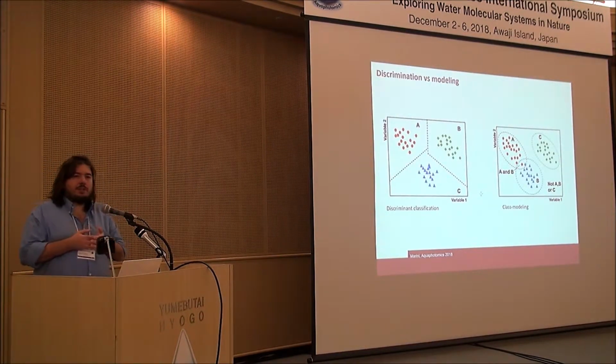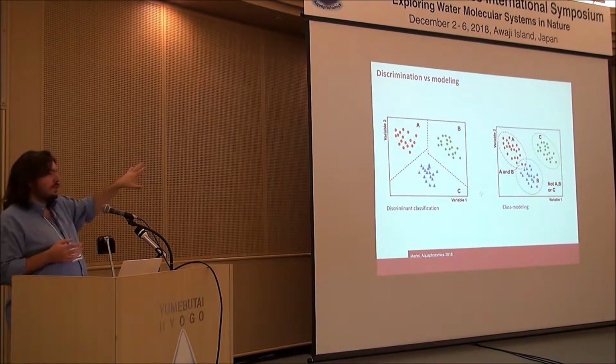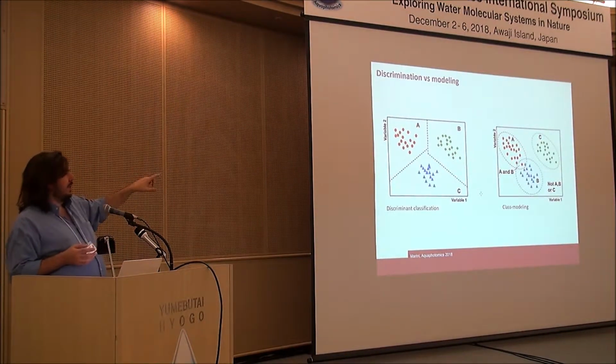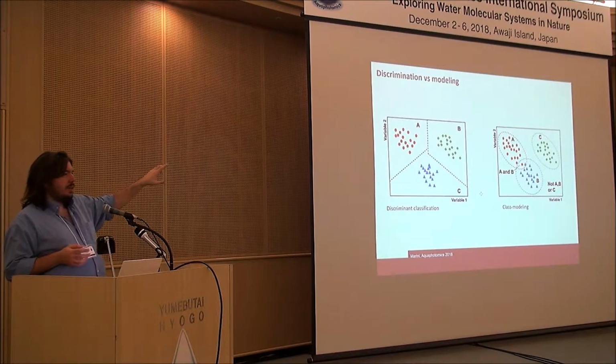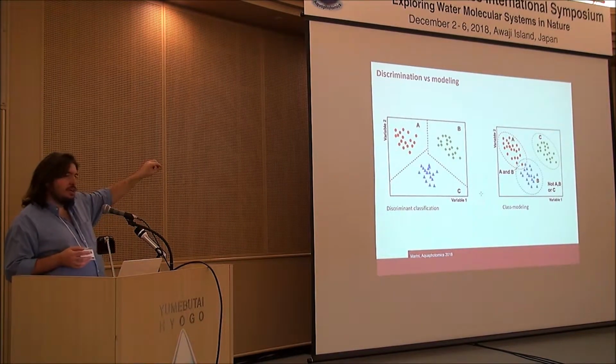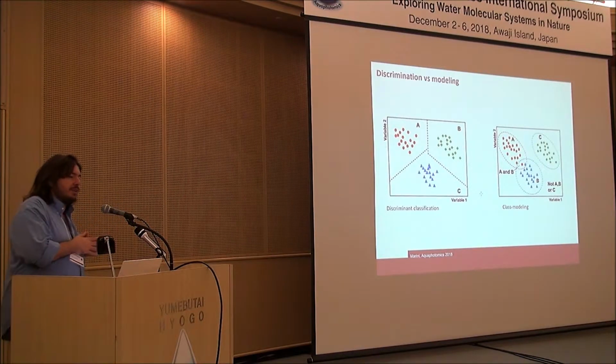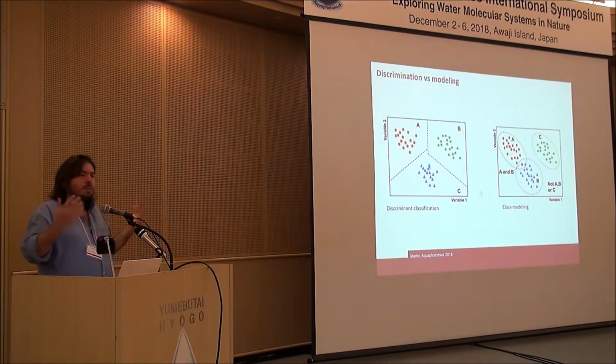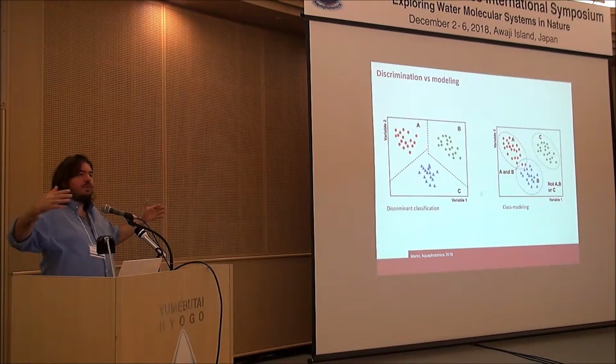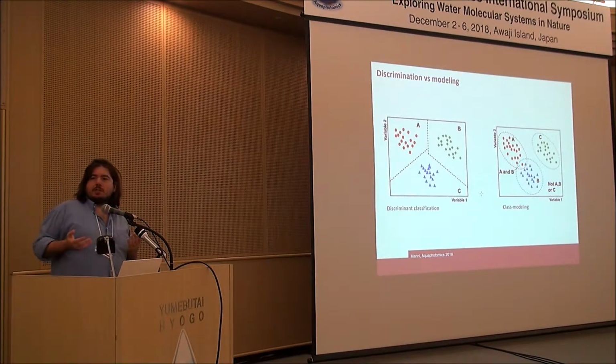And discriminant classification models look at those data and use the information about the class of the different samples to build boundaries. And these boundaries have the characteristic of being open. It means that they cover exhaustively the whole data space.